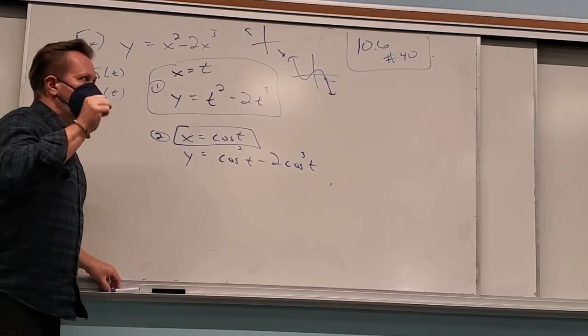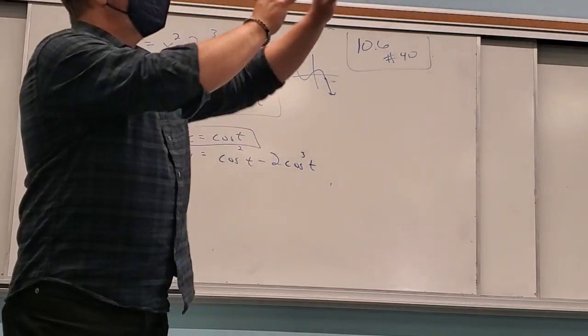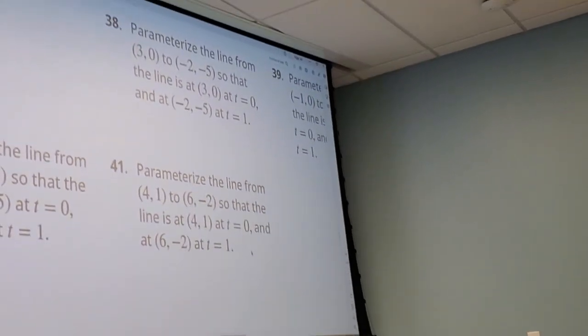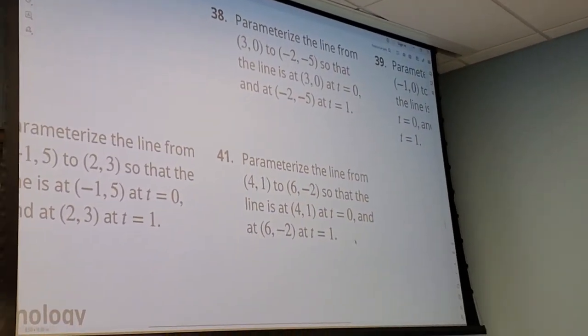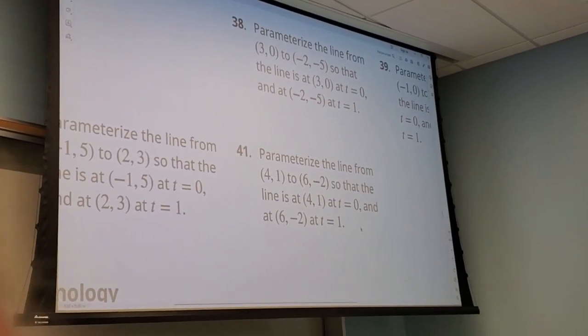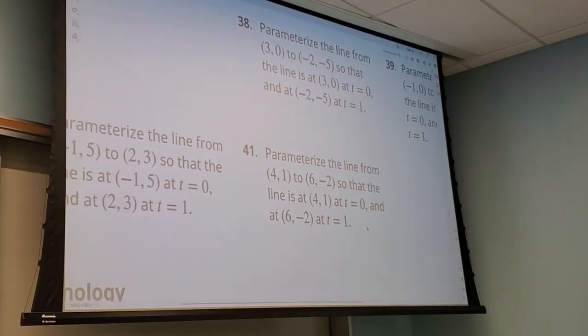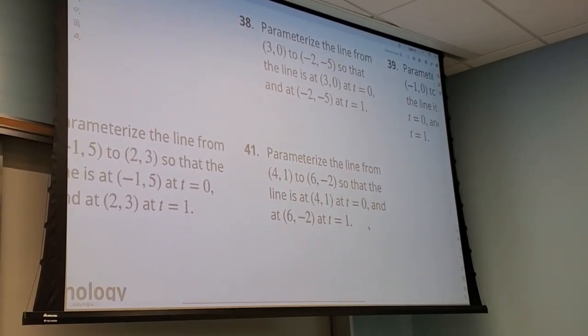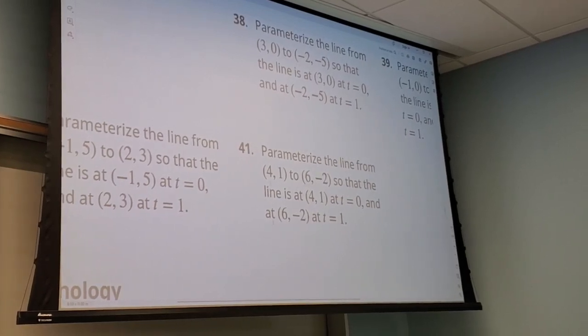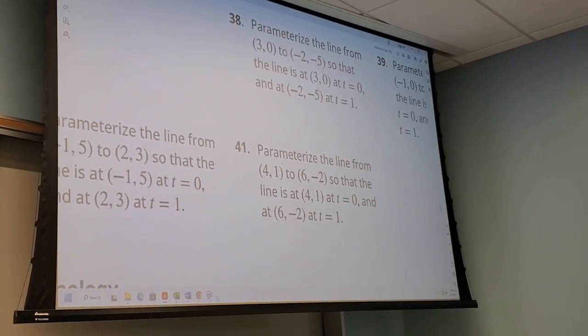So real quick, just stay with me. I haven't answered this question at all yet. I know, I got sidetracked, but I got to show you this. Your choice of how to convert rectangular equations to parametric ones can make it so you can't get the entire picture. So let's see if we can do this.